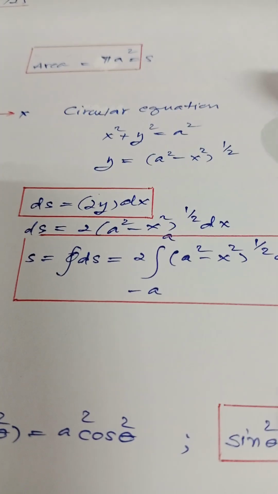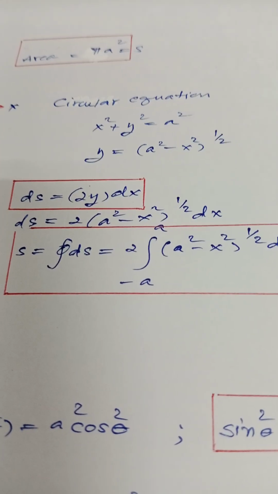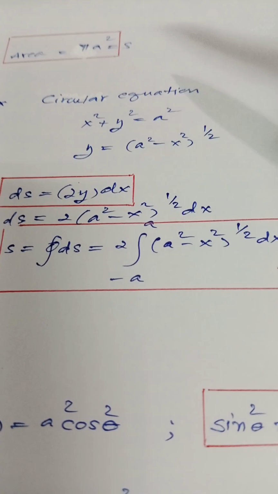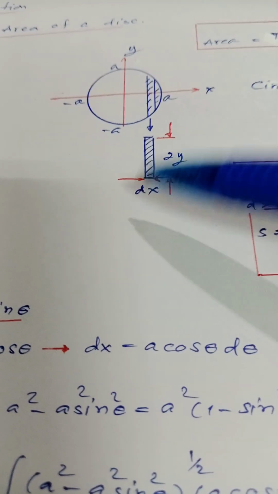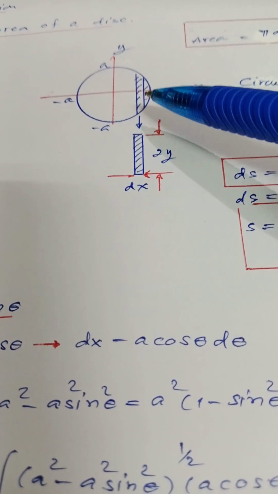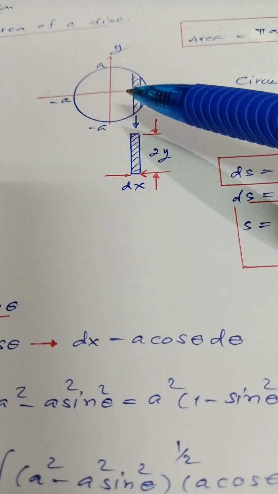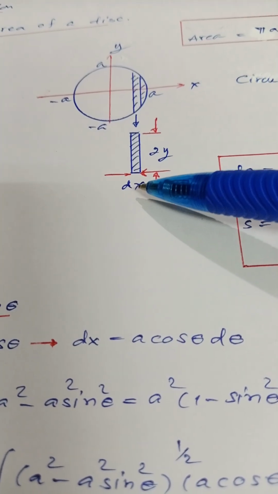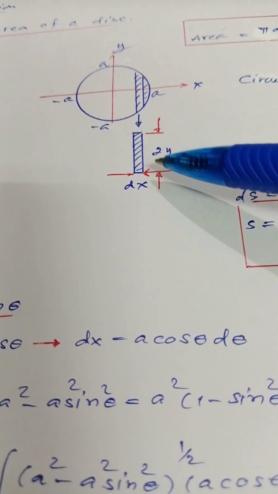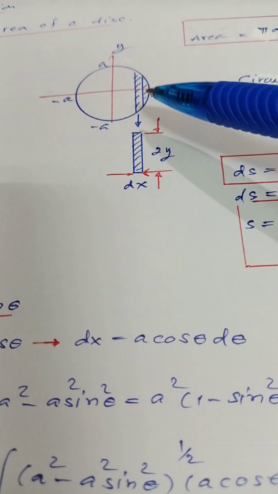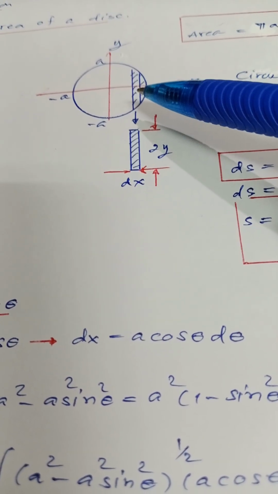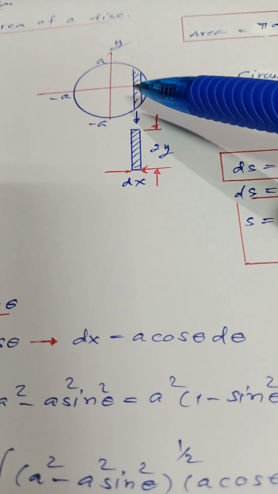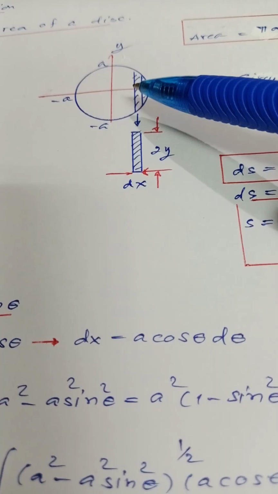Now let's do the calculus, do integration. You know that you're going to divide the disk into smaller elements with the width of dx and the height actually is 2y. Why do I have 2y? Because I start from y equal to 0 to any y, and then this is symmetric, like a mirror.